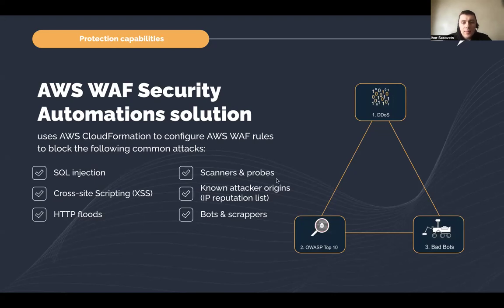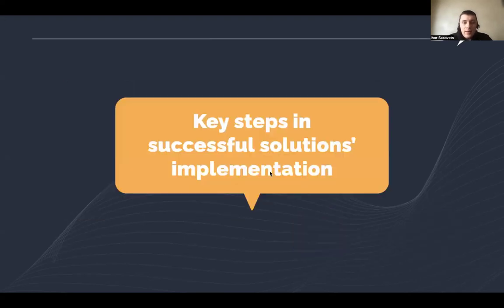Also, we have the IP reputation list that uses some external threat intelligence services for blocking, and we have bots and scrapers that also help us to protect from some automatic scans and do not allow them to reach our backend. And from my own experience, it is more than enough to start because later you can just work on these rules, modify them, and adapt to your needs.